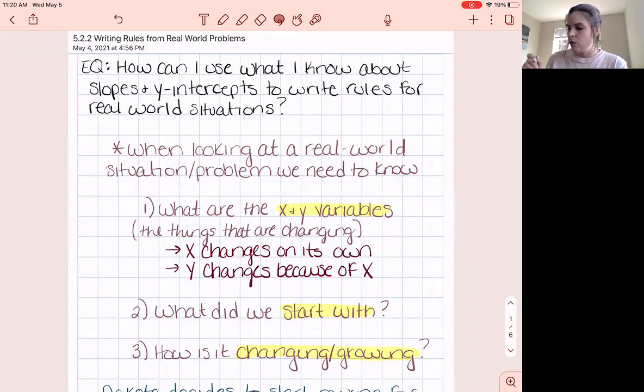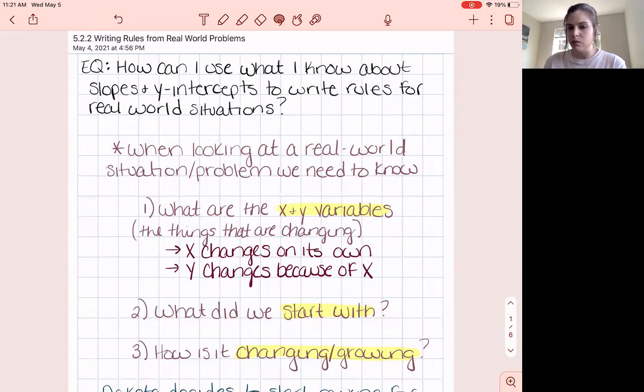Okay, so when you're given a real world problem, which is going to be like a story problem, there are three kind of things that we need to know to be able to write our rules. Number one says we need to know what the X and Y variables stand for.